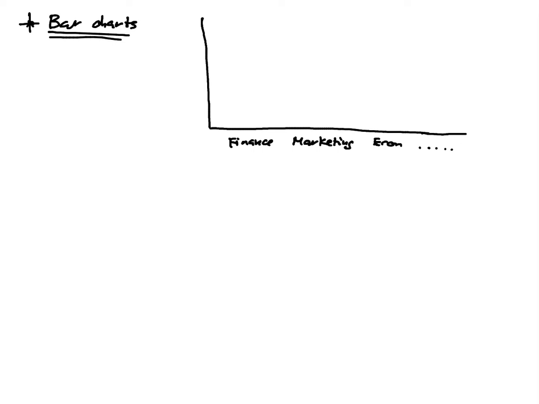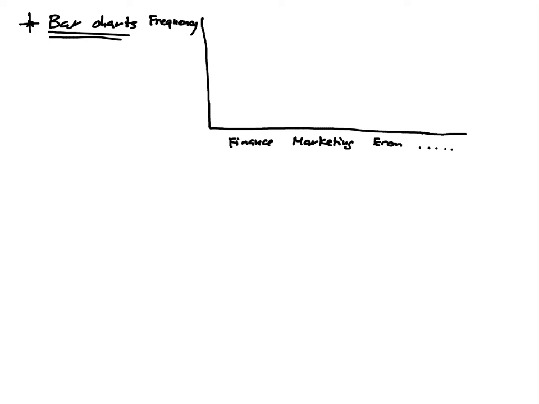On the y-axis, I can have either frequency, relative frequency, or percent frequency. Most often, you would have frequency on the y-axis, okay? And all you have to do is to draw a bar that indicates the number of times members of that category appear in the dataset for each of the categories, right?